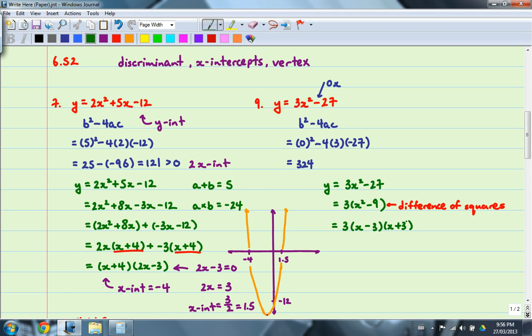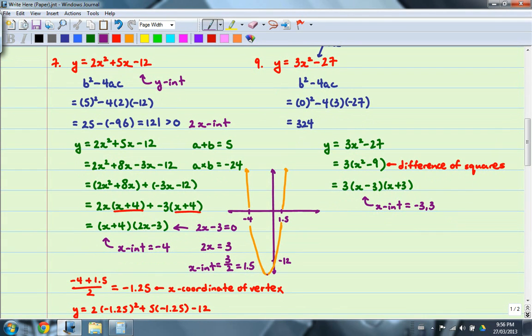So if you were to FOIL this out, you will get x squared minus 9 back. The middle terms do cancel each other. Which means in this case, our x-intercepts are pretty easily found. They will be 3 and negative 3. Or negative 3 and 3.